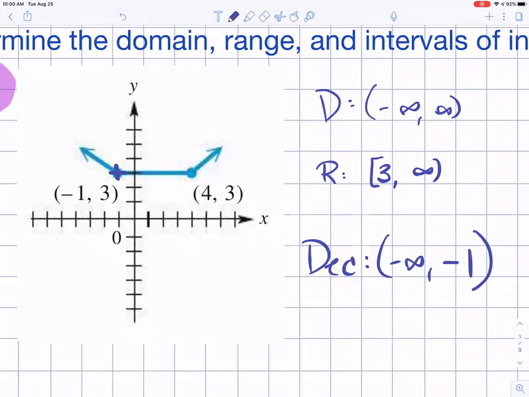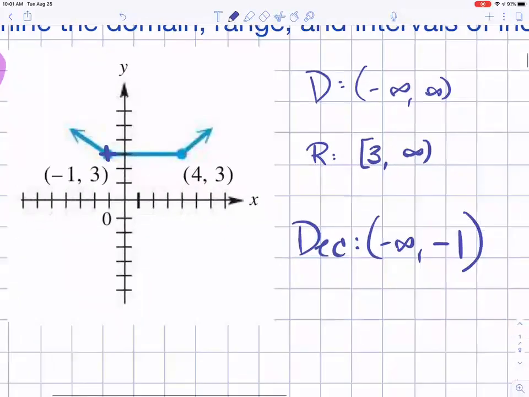So either understand the explanation or just simply memorize the rule. I'm still going to use square brackets in domain and range, that's fine. But in increasing, decreasing, and constant, no square brackets. So with that said, we are decreasing from negative infinity to -1.